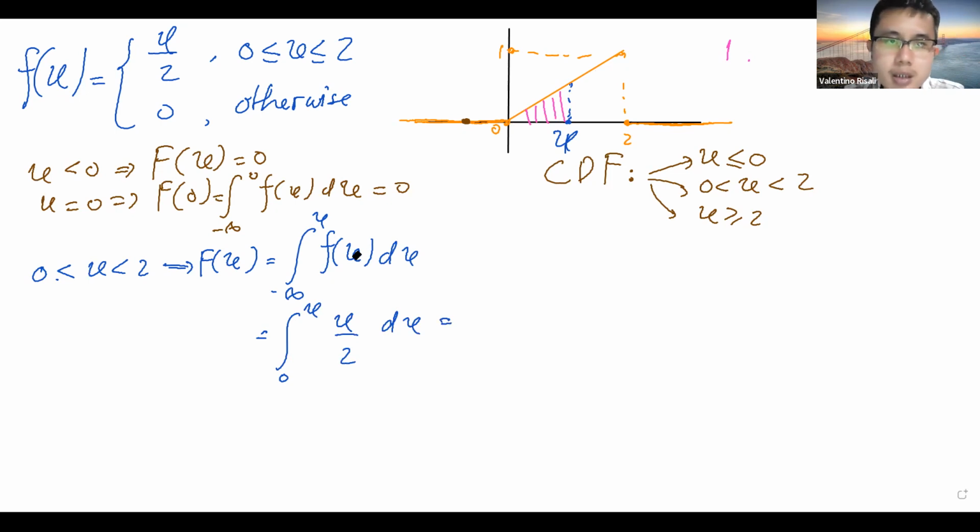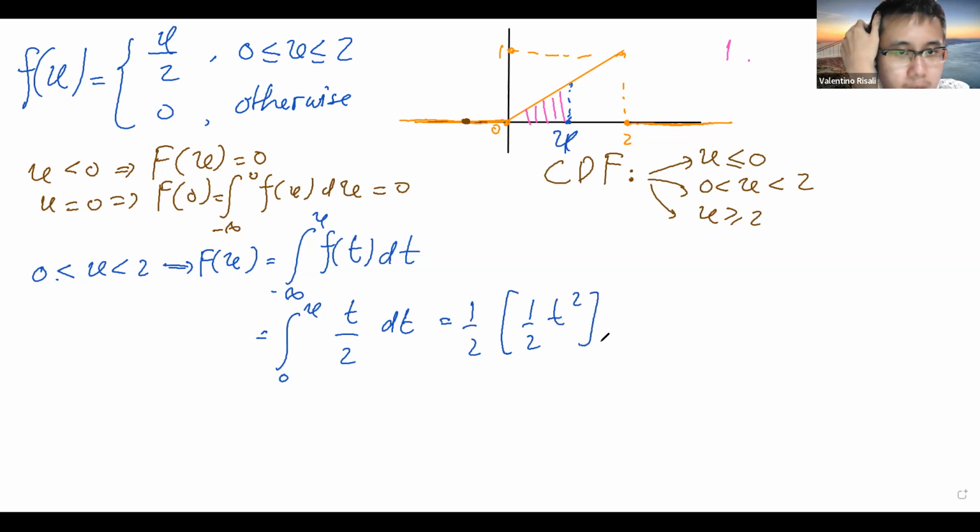I'm sorry, not x but t, for a different variable, t. This is a half times a quarter t square. And this is the value of the cumulative when x is between 0 and 2.